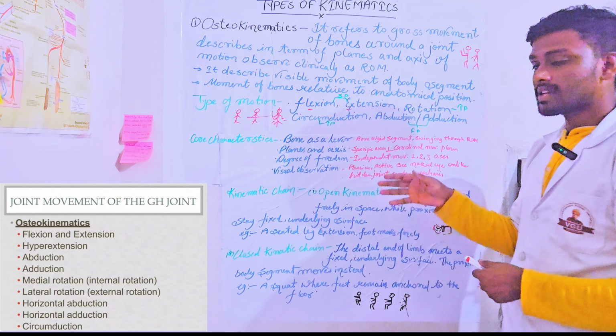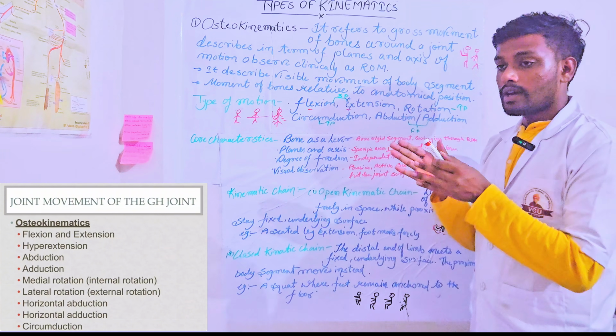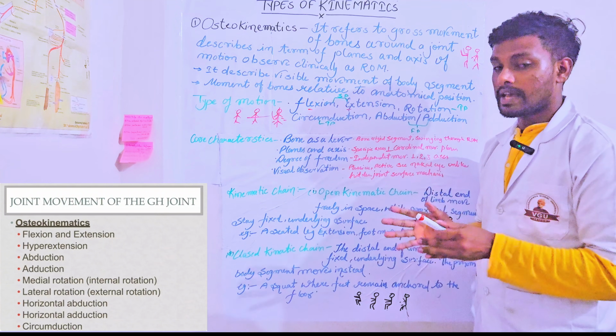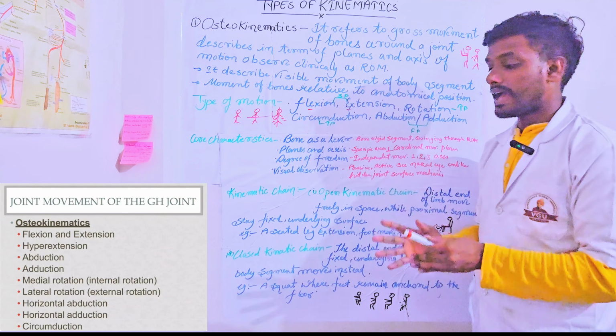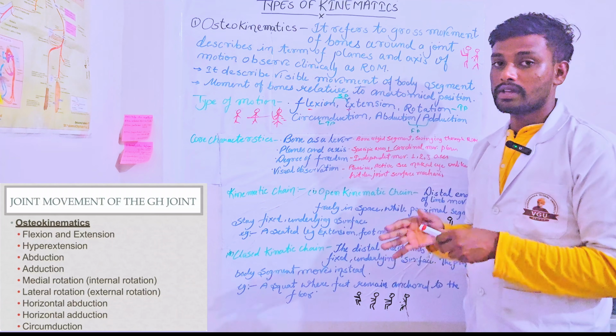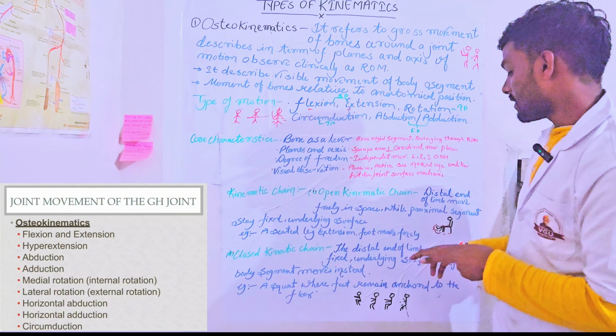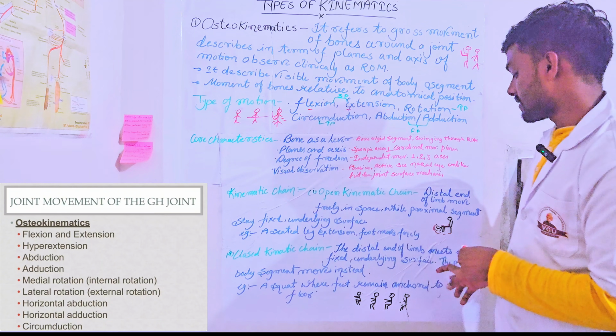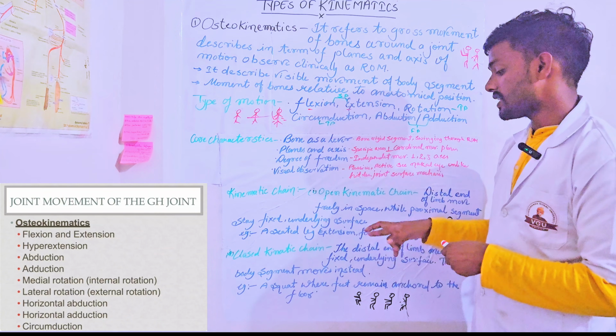The second one is the closed kinematic chain. It means the proximal segment has to be fixed in position, and the distal segment meets a fixed underlying surface. The proximal body segment moves instead.